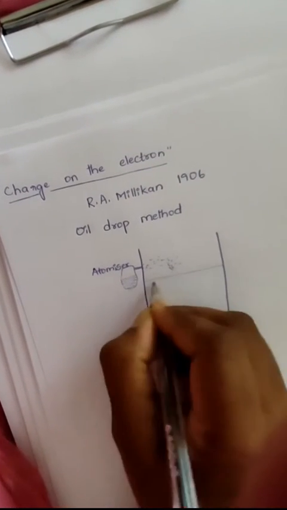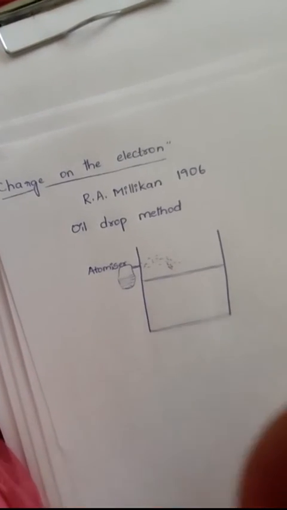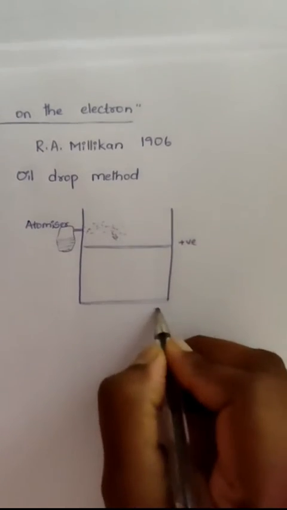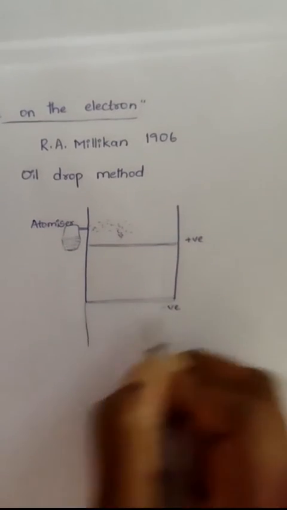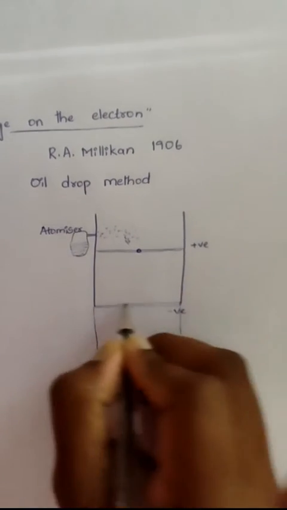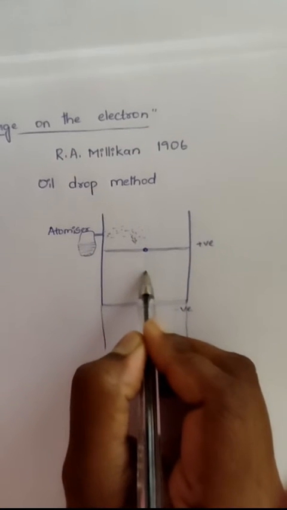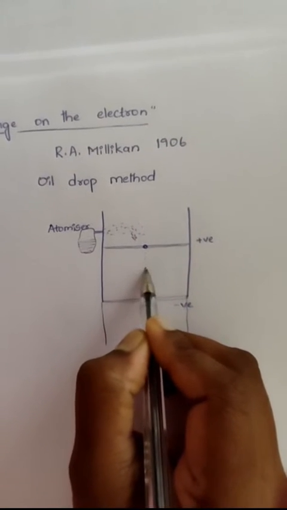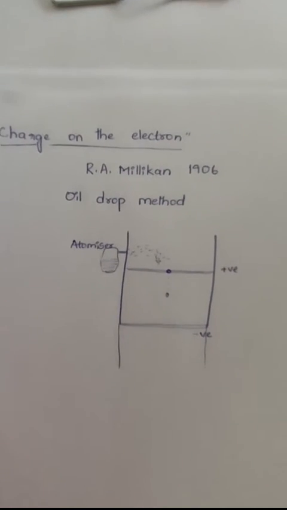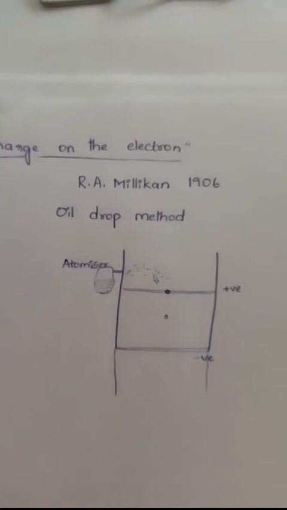It has an electric condenser. It has a small hole on the positive end, and through this hole oil droplets enter into this chamber. An electrical condenser is an electrical device which has the capacity to store electric charge.